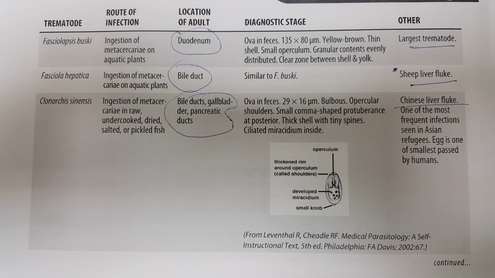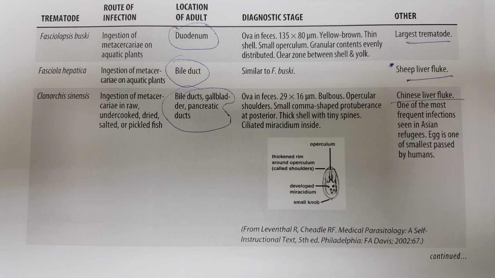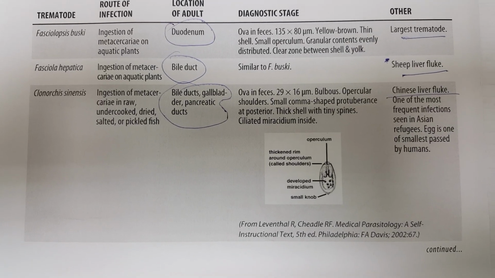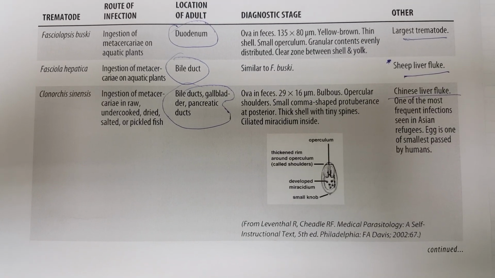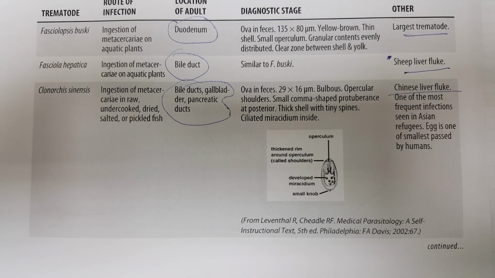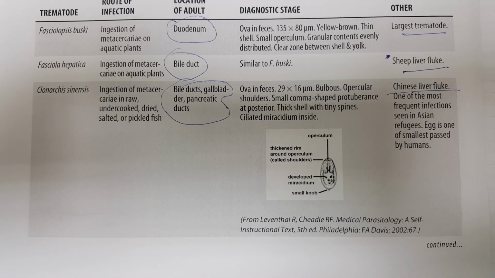Clonorchis sinensis is acquired by ingestion of metacercariae in raw, undercooked, dried, salted or pickled fish. The adult worm's location is the bile duct, gallbladder and pancreatic duct.